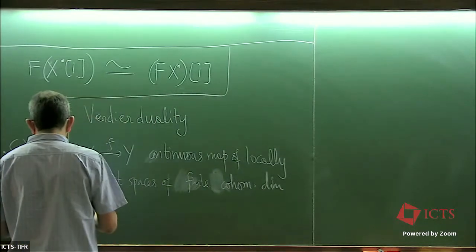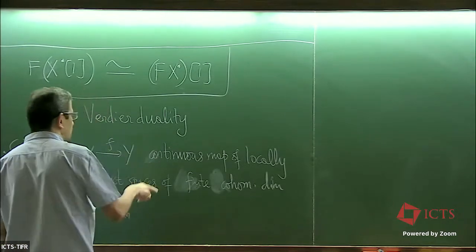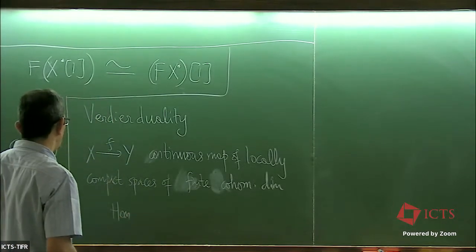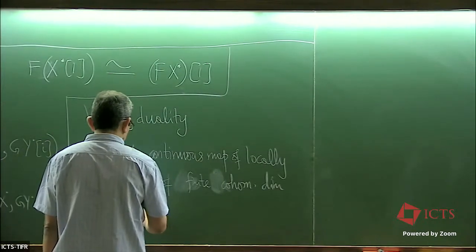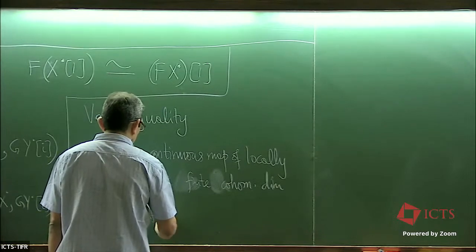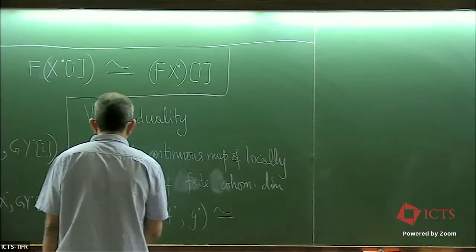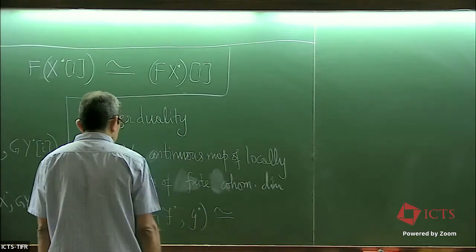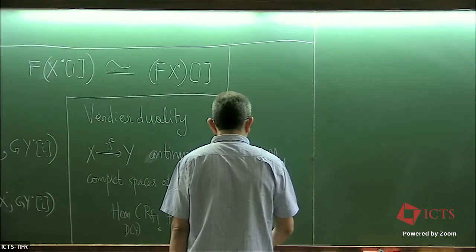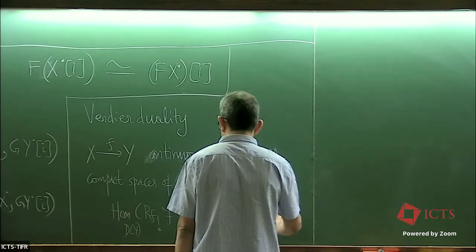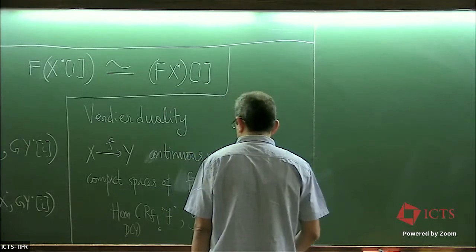Under this hypothesis, we had the following statement, that essentially Rf lower shriek has a right adjoint. So hom of F dot, E dot is isomorphic, and this is in the derived category of Y. And this will be isomorphic to hom in the derived category of X.